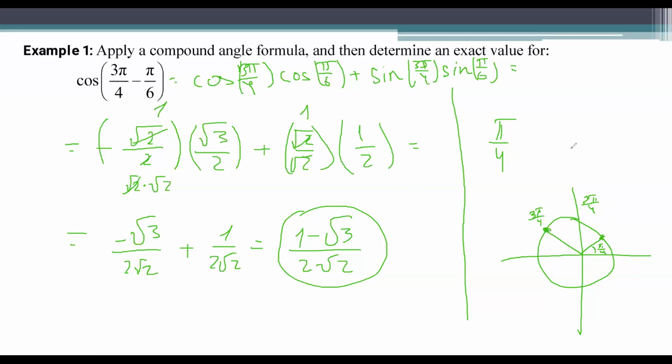Or what else you could do? You could say that cosine of 3 pi over 4 equals sine of pi over 2 minus 3 pi over 4. And you're going to get negative sine of pi over 4, which is easy to solve.